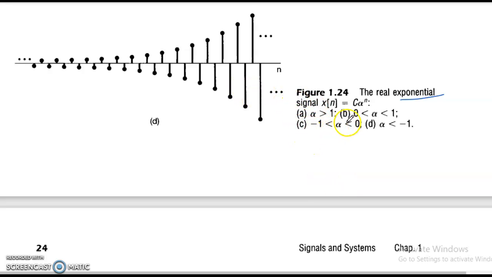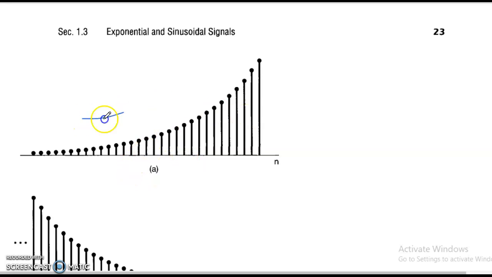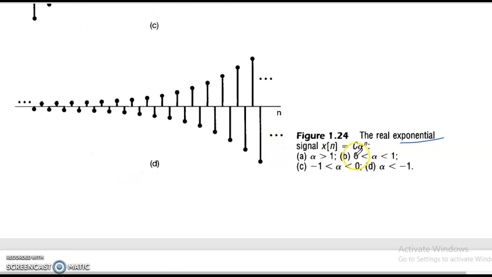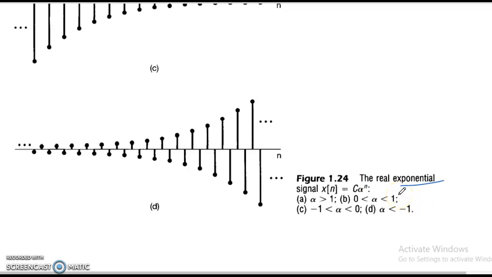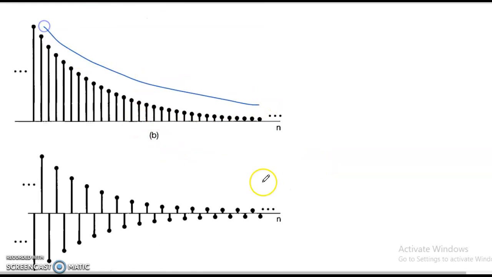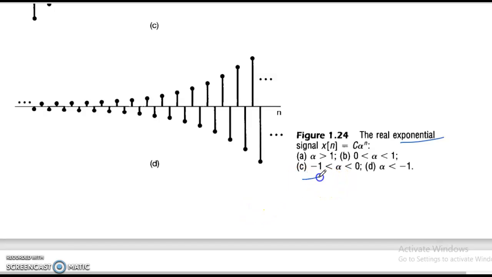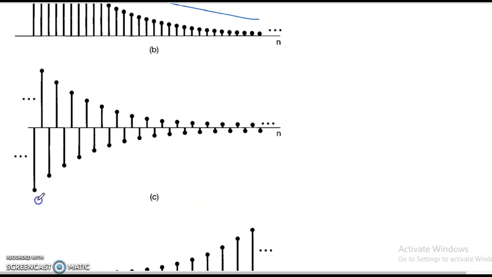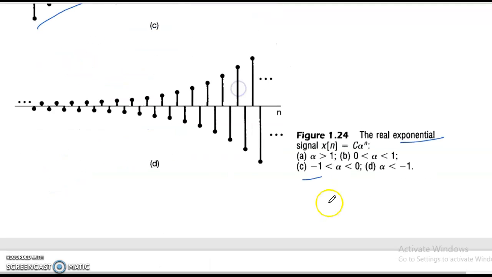Generally, the conditions are: first, when alpha is greater than 1; second, when alpha is between 0 and 1; third, when alpha is between minus 1 and 0; and fourth, when alpha is less than minus 1.